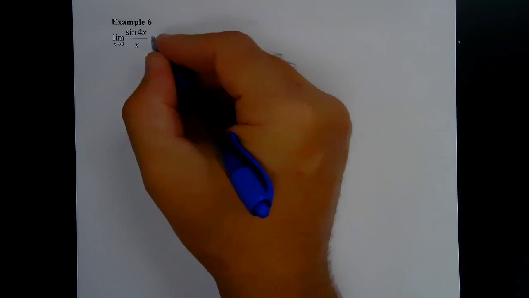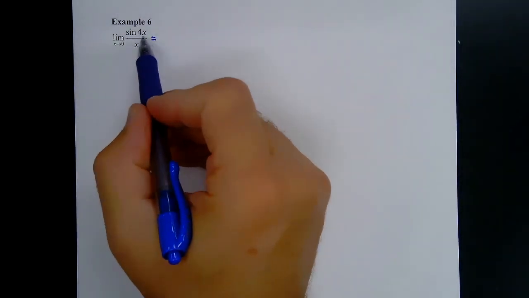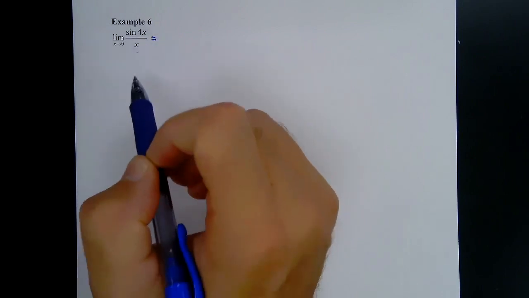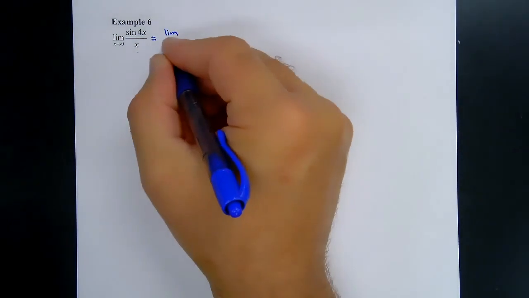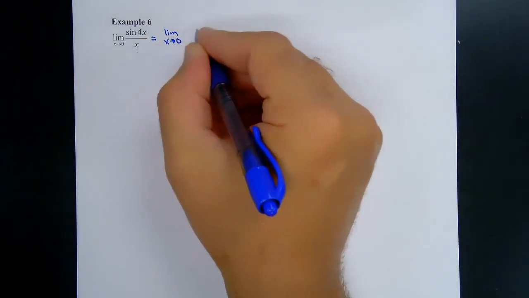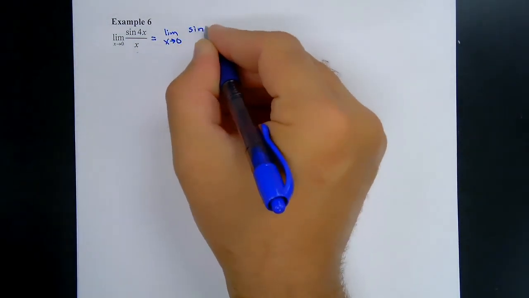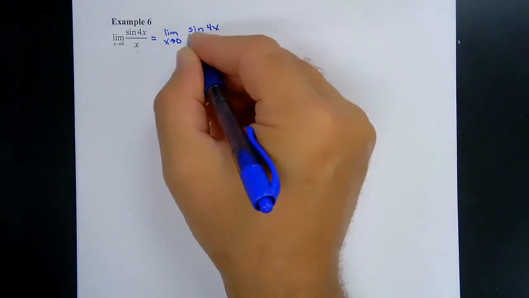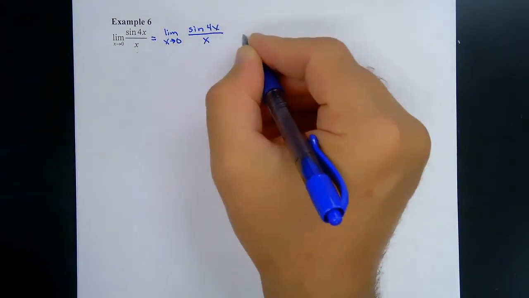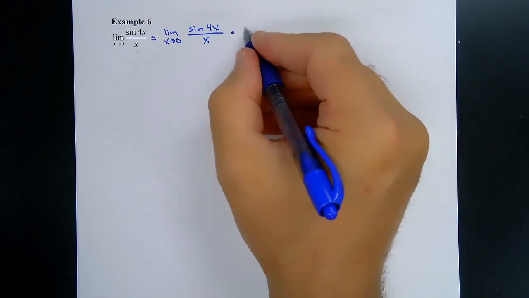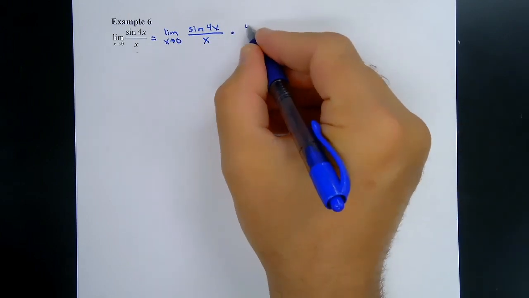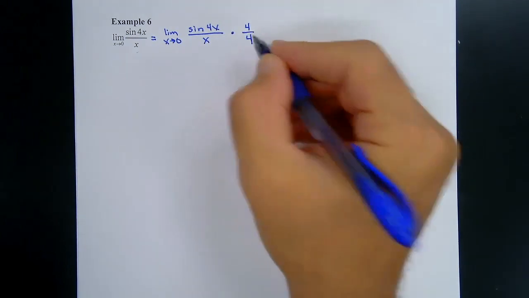All right, so here we go. What can we do to this? If we try to do direct substitution, the denominator will be 0, and then this will also be 0. So what we can do is take the limit as x approaches 0 of sine of 4x over x. That's what we have, right? And we can change this by multiplying by 1. And the version of 1 that I want is 4 over 4.